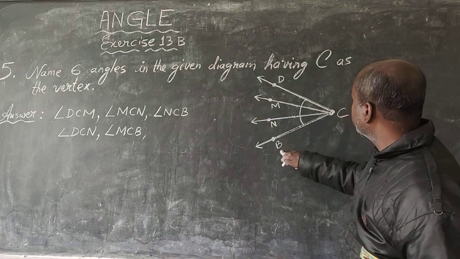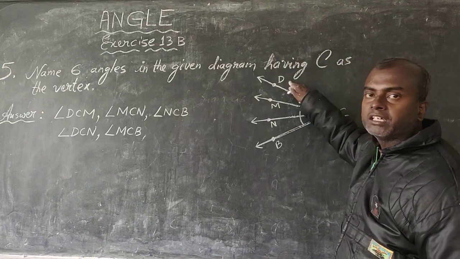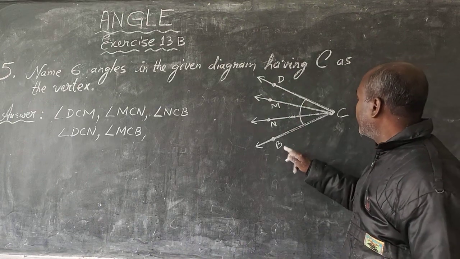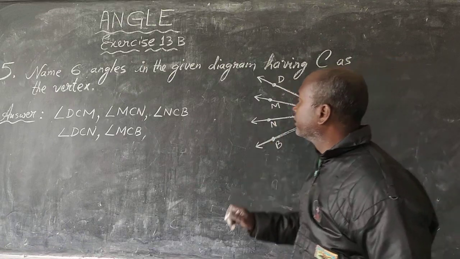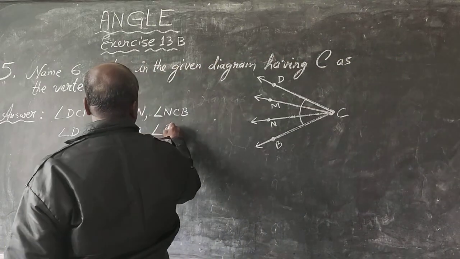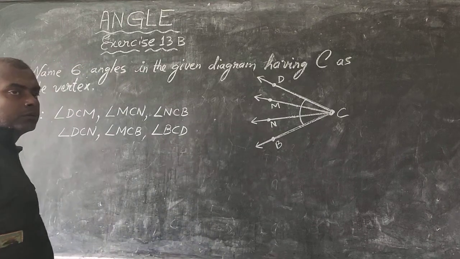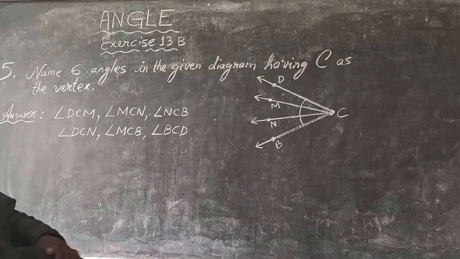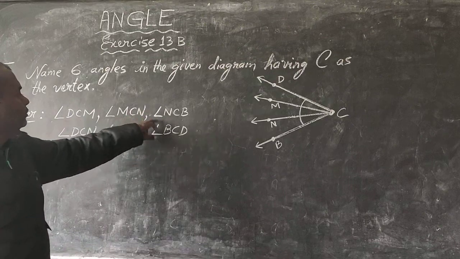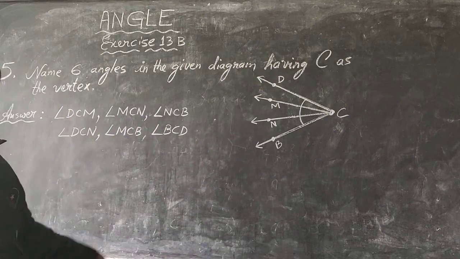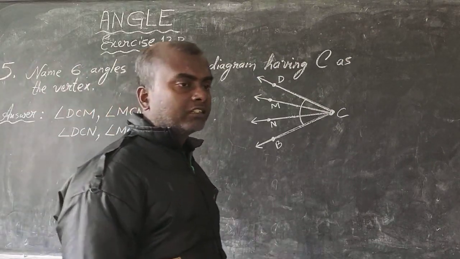This angle has CB as one arm, CD as another arm. So the name will be angle BCD. Or even you can write angle DCB. It's both the same. So now let's count 1, 2, 3, 4, 5, 6. So we got our 6 angles.